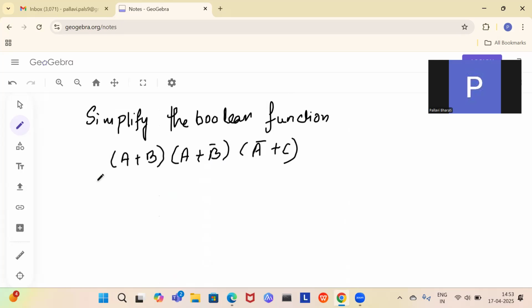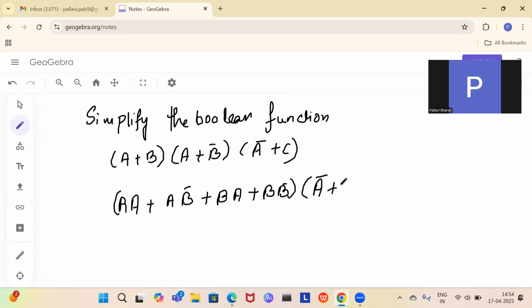First one will be a into a plus a b bar plus b a plus b into b bar. Now this side we are going to multiply by a bar plus c.